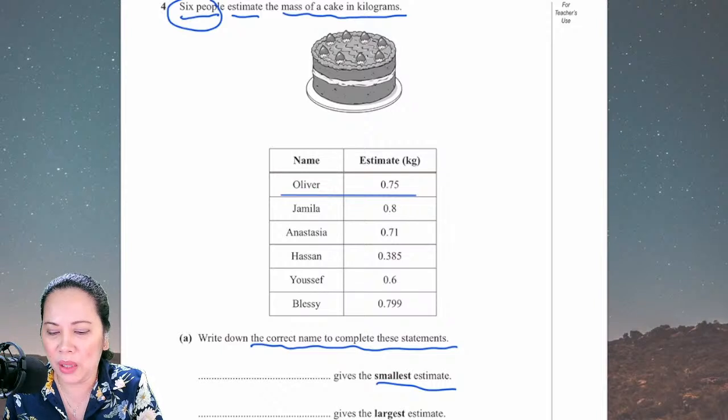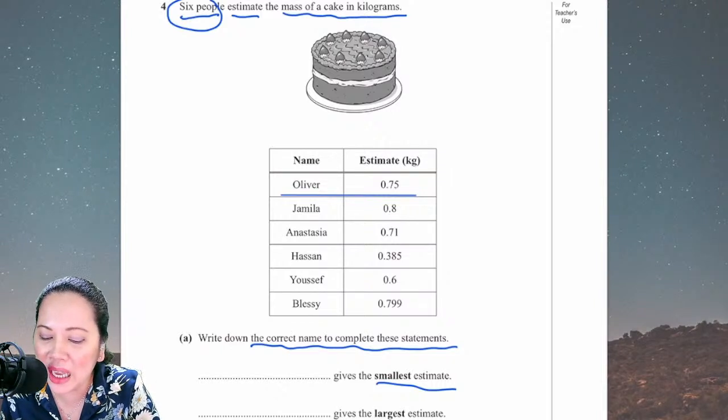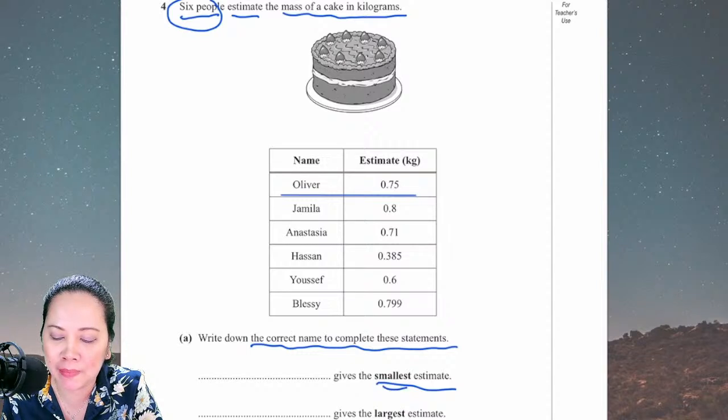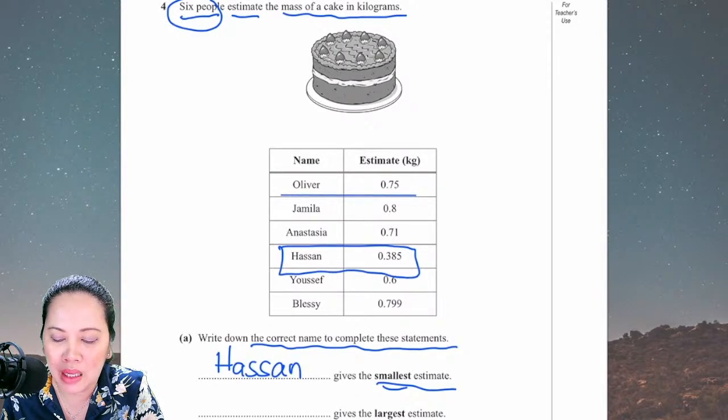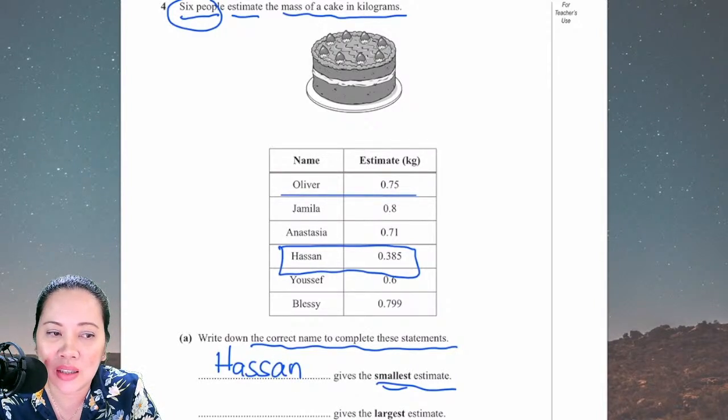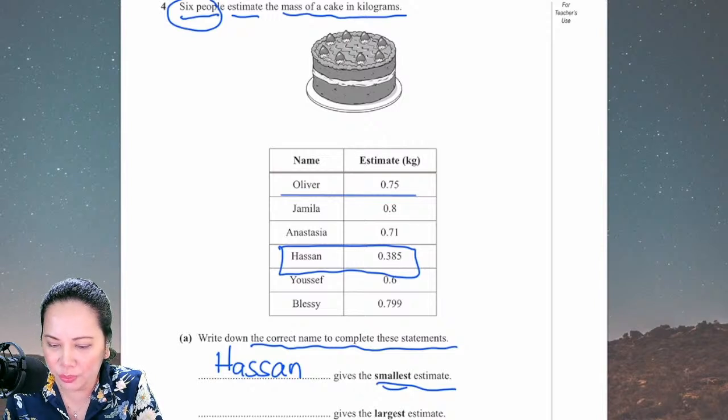Who gave the smallest? Hassan. Yes. 0.385. And who gave the largest? Yusuf. 0.6.